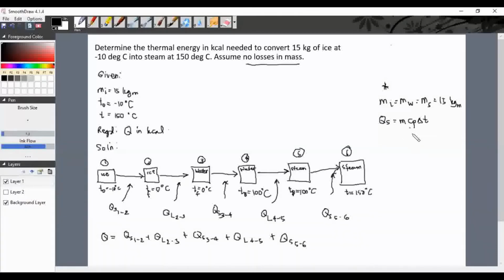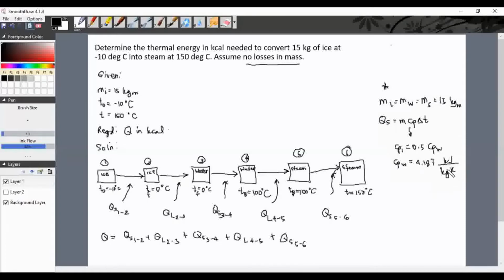Ano ba yung mga CP natin? So, CP for ice is equal to 0.5 ng CP ng water. Take note that the CP of H2O is 4.187 kilojoules per kilogram Kelvin.